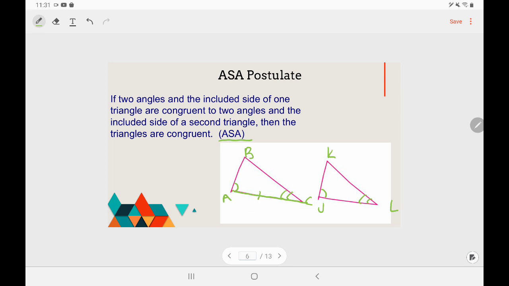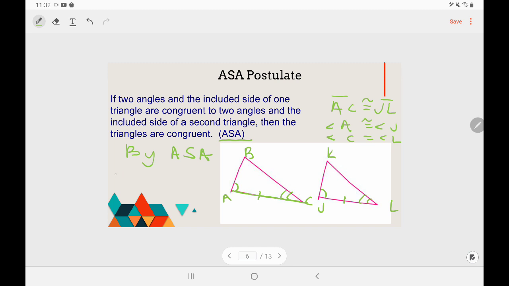So that is my included side. So AC needs to be congruent to JL. So I would say AC is congruent to JL. Angle A is congruent to angle J. And angle C is congruent to angle L. And so I can say by ASA, my two triangles are congruent.